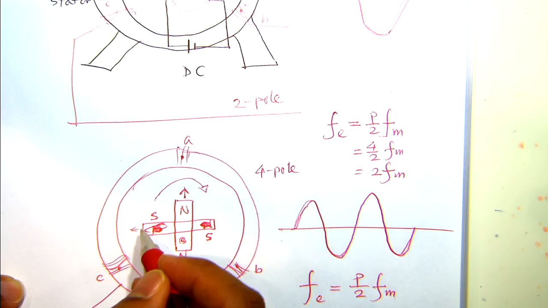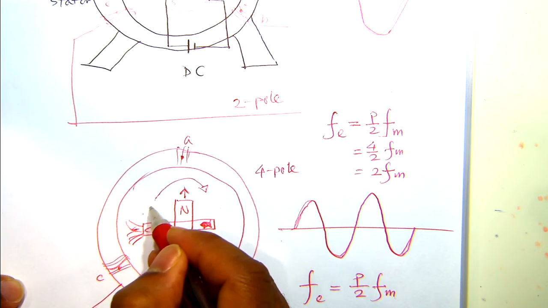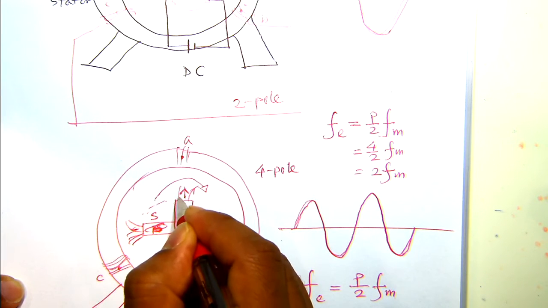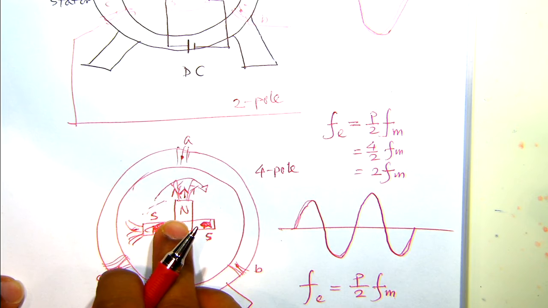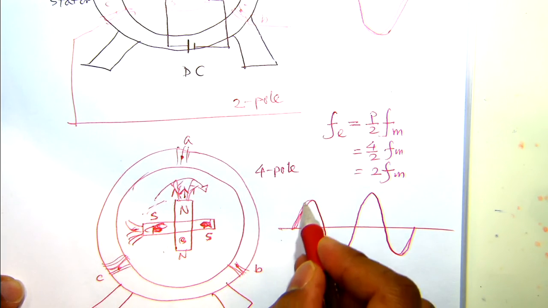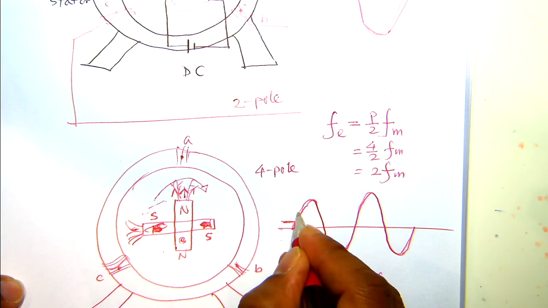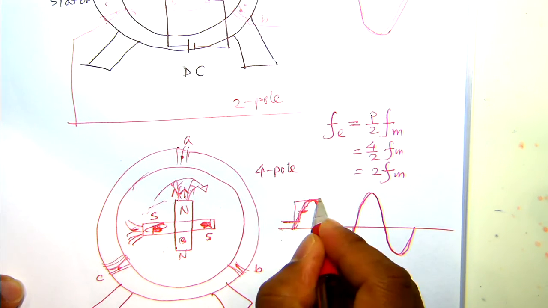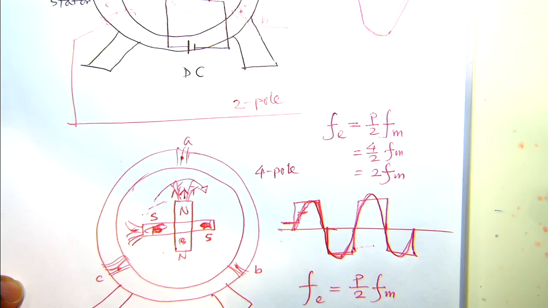But you can see there is huge flux intensity here, but there is some sort of gap, and again huge flux intensity there. So it usually doesn't generate this smooth sinusoidal form. Rather, what it generates may be step by step. So positive, negative, something like that.